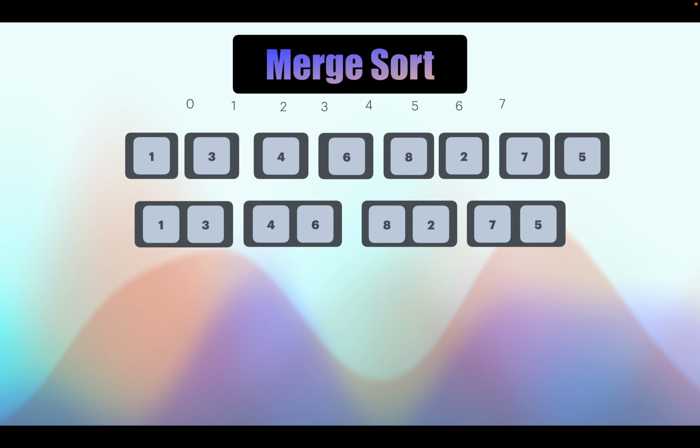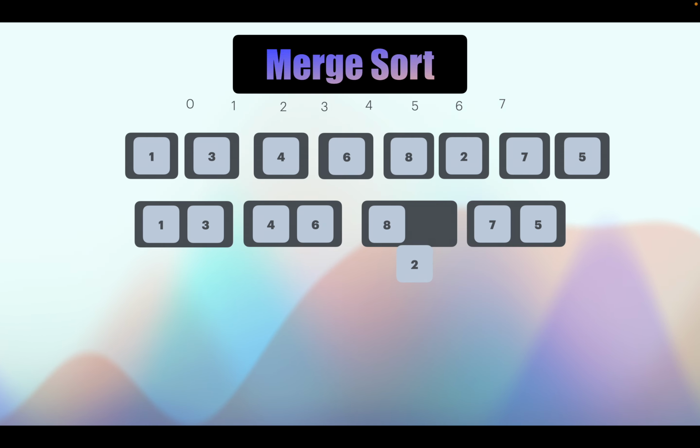So at first, after we got the individual elements, we have to combine them into pairs and sort them as pairs. You can see the first 2 pairs are already sorted, we don't need to do anything, but the last 2 pairs are not sorted.